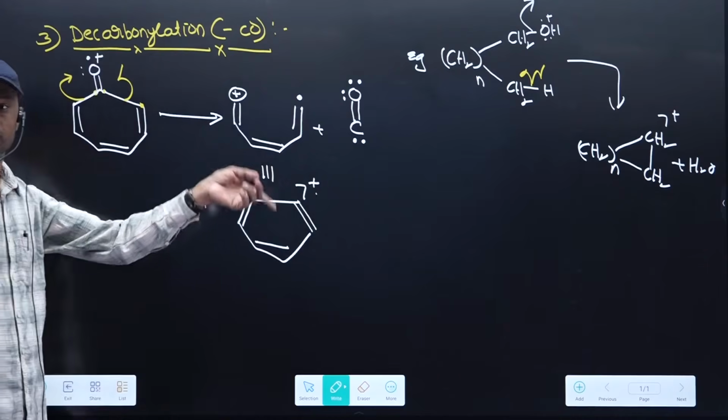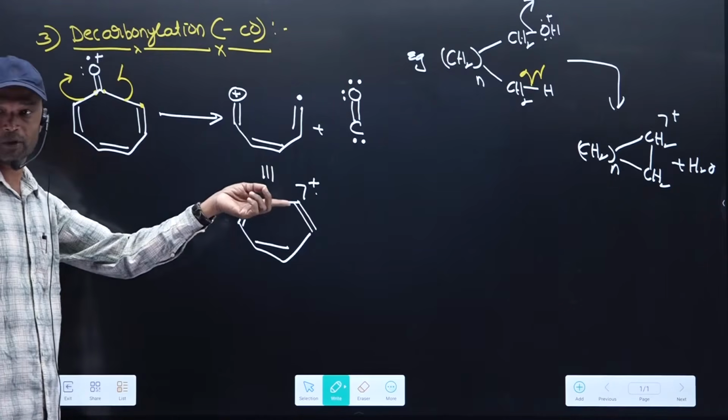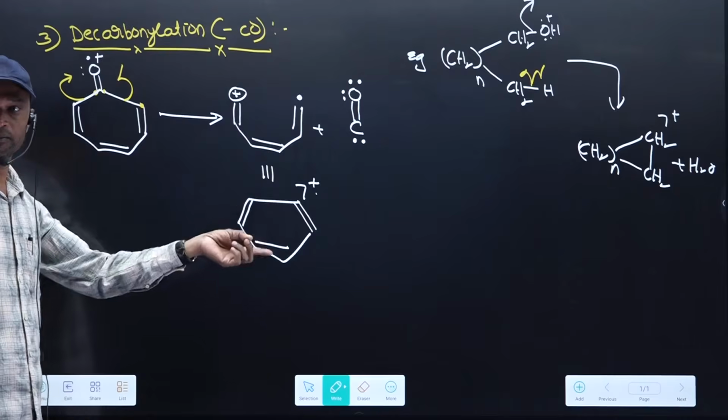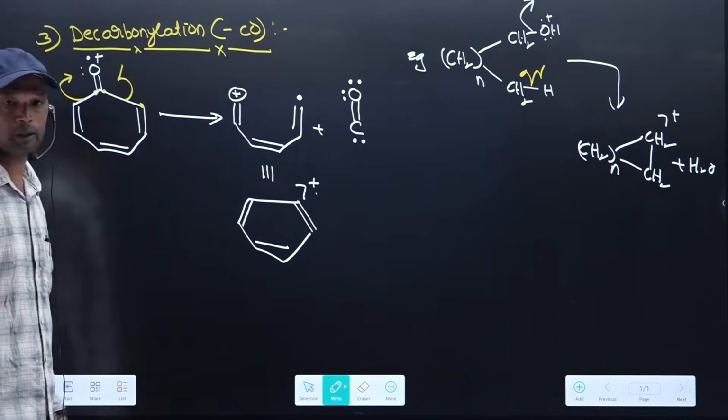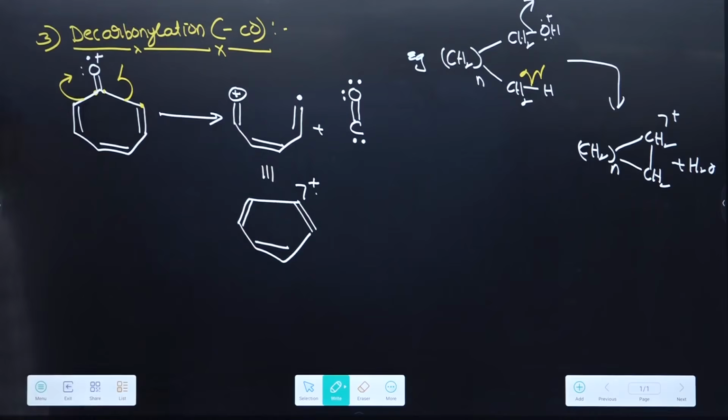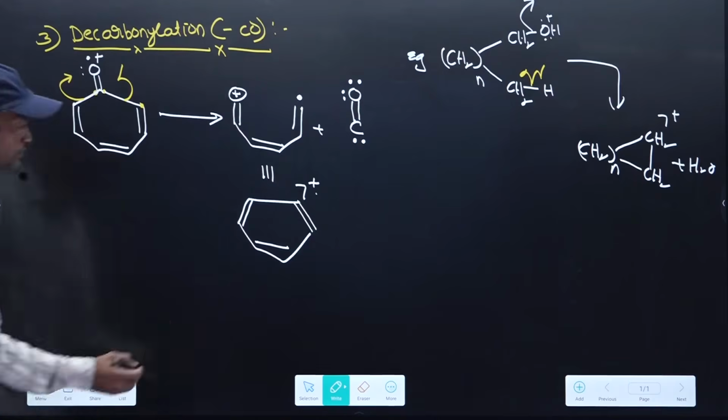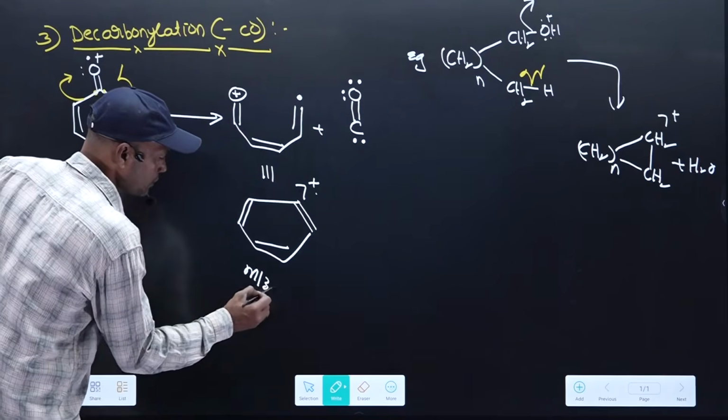This and this both are the same or not? What is the m/z value of this fragment? How much? 78. The m/z value is 78.